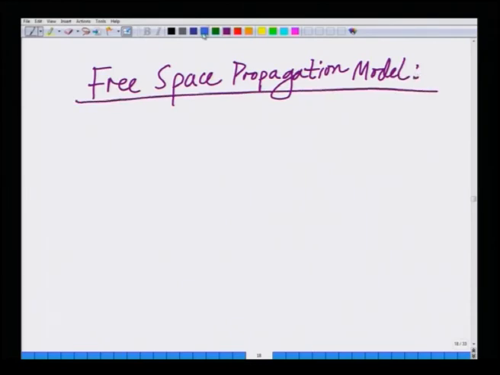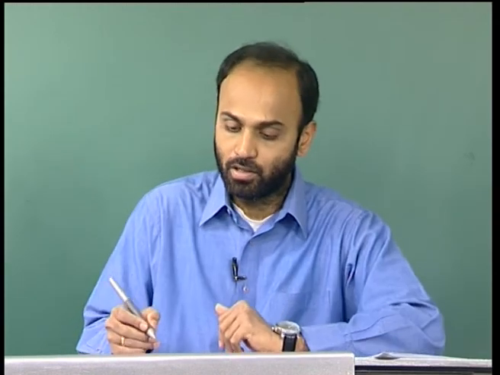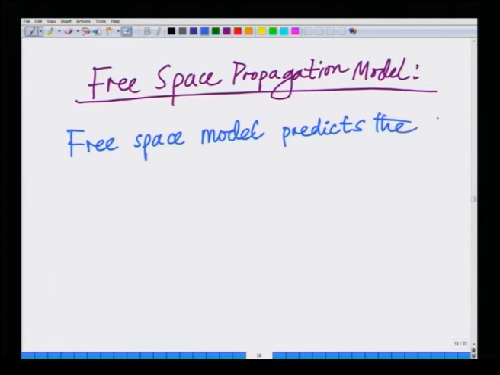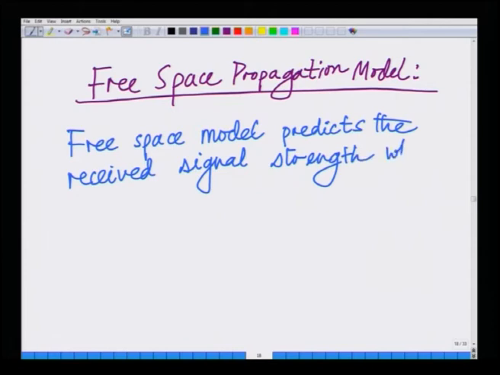The free space propagation model predicts the received signal strength when there is an unobstructed path between the transmitter and the receiver.